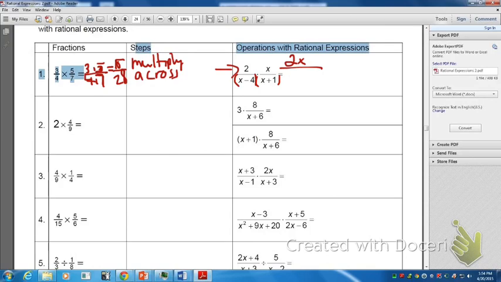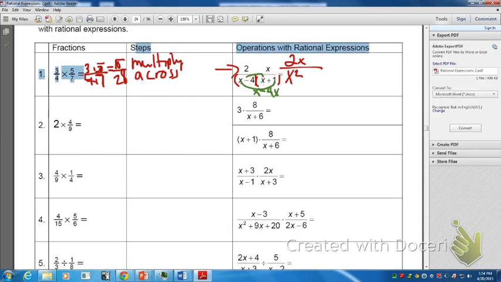So let's start with our first. So that would be our x times our x. X squared. Now let's take the outside and inside. So outside first. X times the 1. 1x. And let's take the inside. The negative 4 times x. Like terms, combine them. What's that give you?